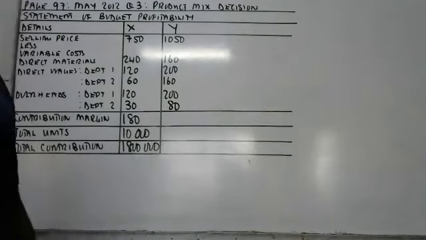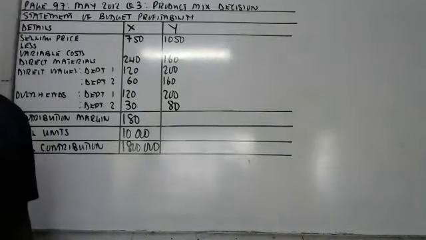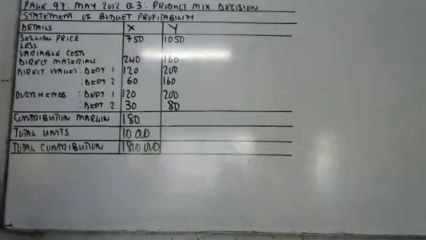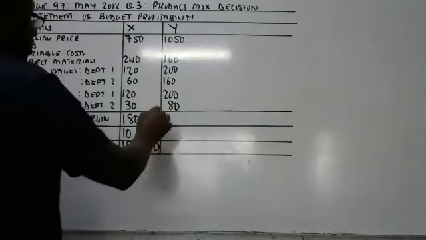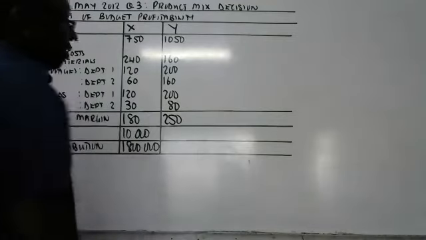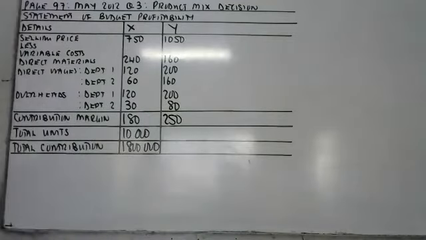So give me the contribution margin of Y. Or 250, good. 250, and the units are 12,000 as per the budget.